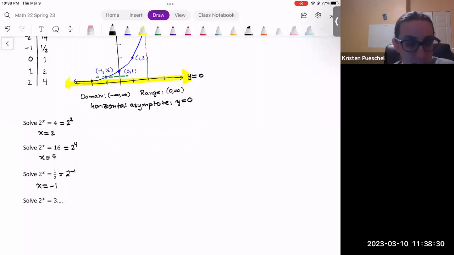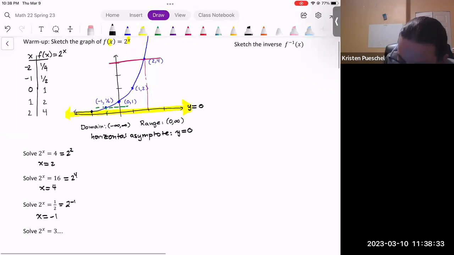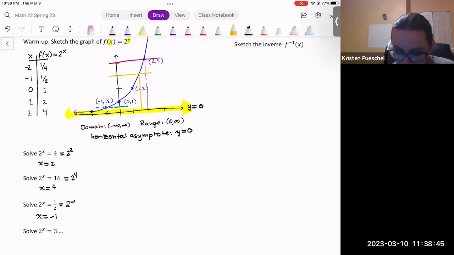Now, if we want to solve 2 to the x equals 3, there is certainly a place on our graph that satisfies this. We can go to y equals 3 here, and we see that there's definitely some x value for which there will be a solution. The best way we have to write this is just saying x is the inverse of f evaluated at 3.